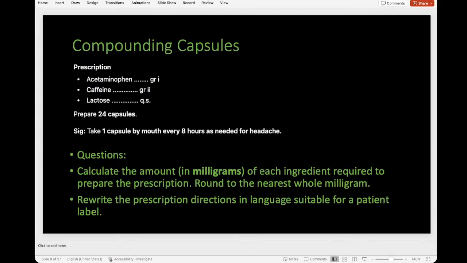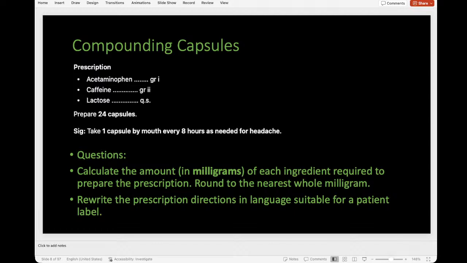This is a question regarding compounding capsules. You can see here there's a prescription that consists of 3 ingredients. You've got the acetaminophen, which comes with an amount of 1 grain, caffeine, which has 2 grains, and then lactose QS.